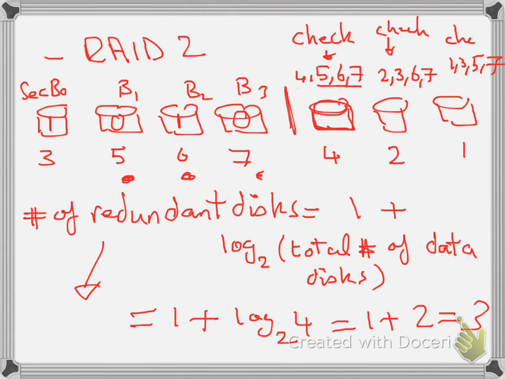I have only 1, correct? Is this an even or odd number? Odd number, correct? But I'm telling you that I'm checking the even parity. So this means that I have to add a 1 here. So if I include 4, 7, 6, 5, I have 2 ones, or an even number of ones. So if I go with this check, 4, 5, 6, and 7: 1, 0, 1, 0, I will find that I have an even number of ones.